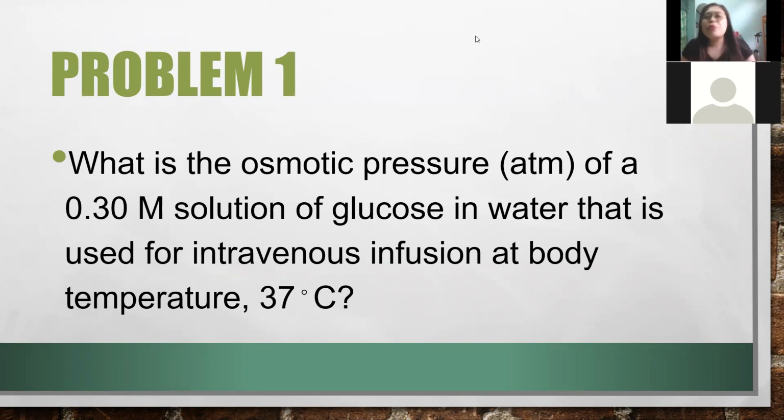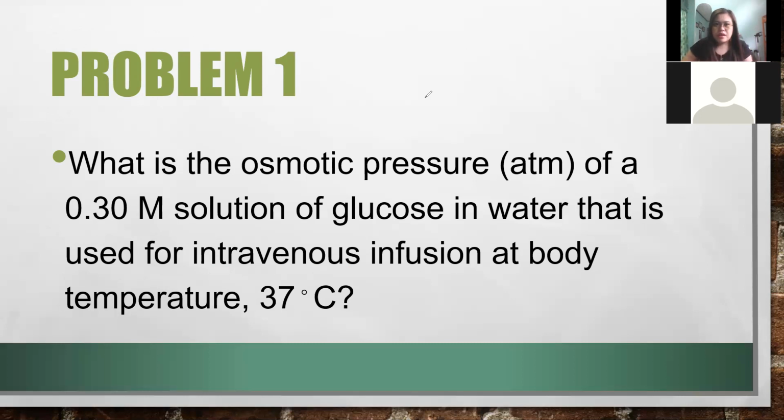So problem number 1: what is the osmotic pressure in ATM of a 0.30 molar solution of glucose in water that is used for intravenous infusion at body temperature? Our body temperature, class, is 37 degrees Celsius. Sige, let's try to solve this.